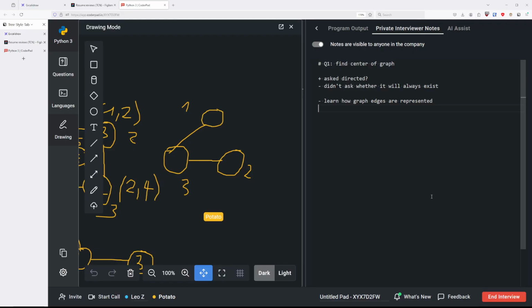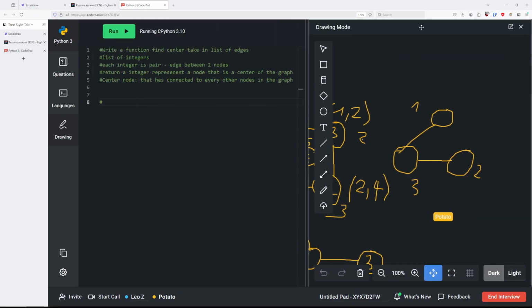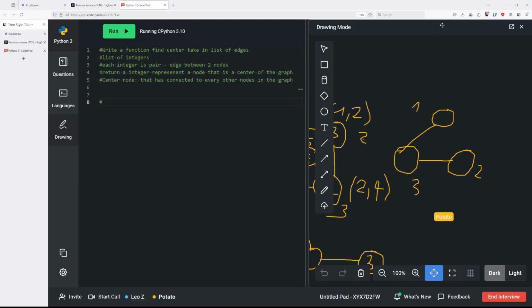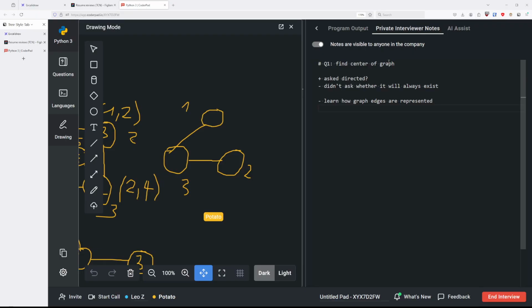So node 3 will be the center of the graph. So if we start the DFS, the depth first search, to find the path between the nodes in the graph, there would be a path from node 3 to node 1, and there's also a path from node 3 to node 2.